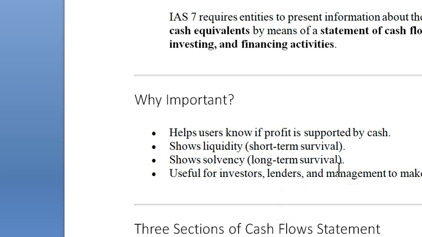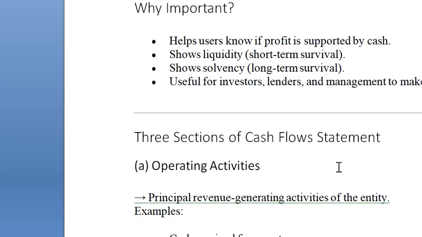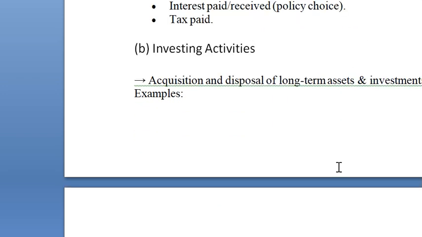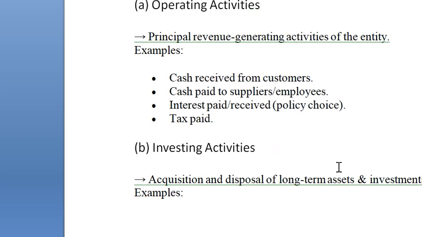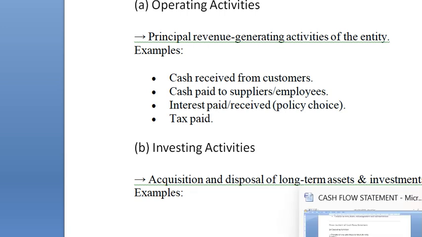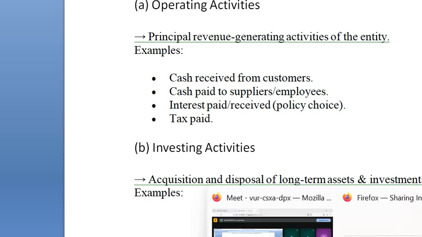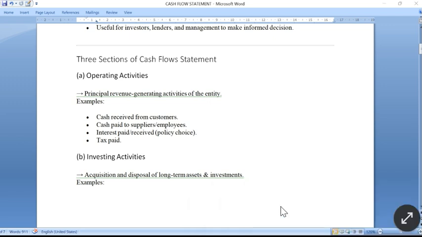And these three categories, that's what we shall be looking at here. We have the operating activities, and this talks generally about the revenue activity of an entity: the cash that has been received, the cash that has been paid to the employees, the interest that has been paid, the tax that you pay.